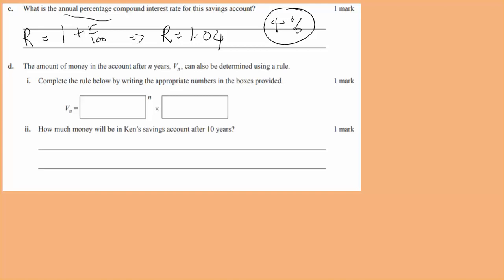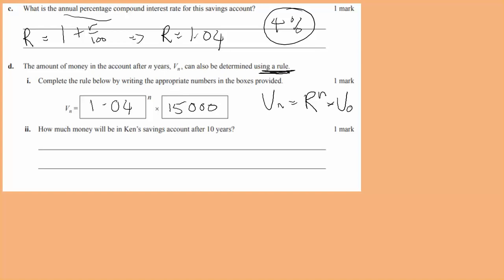The amount of money in the account after n years can also be determined using a rule. So we want to go from recurrence to the rule. You know that the rule is Vn equals R to the power n times V0. My R, we already have that, 1.04, and we already have our initial 15,000.